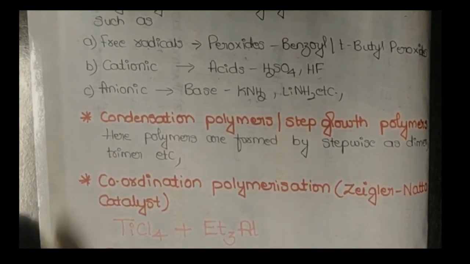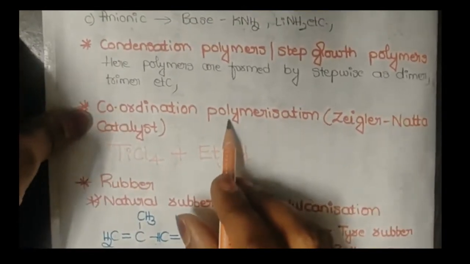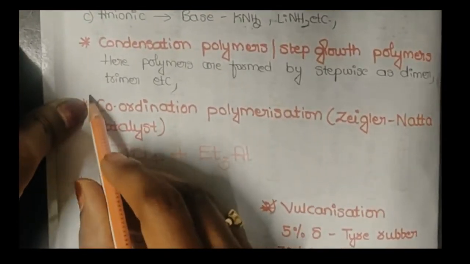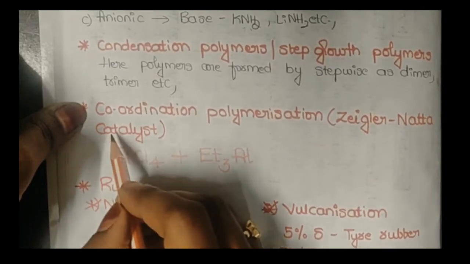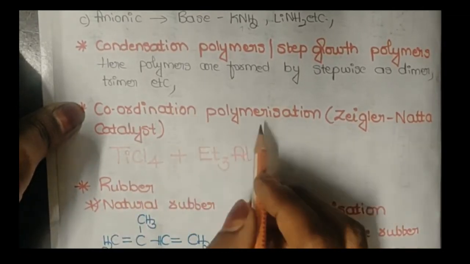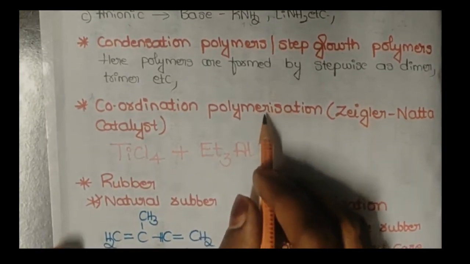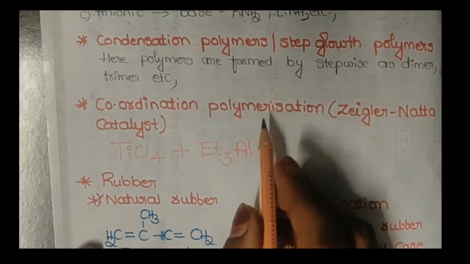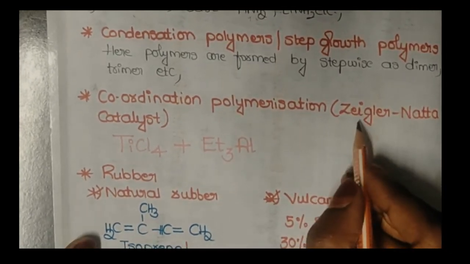So now let us talk about coordination polymerization. This topic I'll be covering again at the last, but here coordination polymerizations are those polymerization reactions which are brought about by adding a solid catalyst.